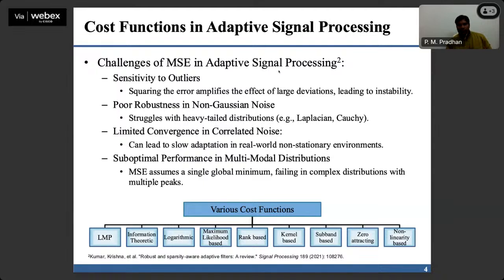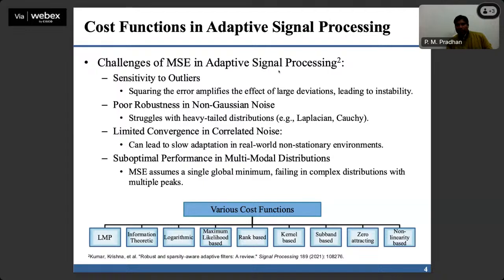The second challenge with mean square error is the poor robustness in non-Gaussian noise. When you look at the distributions, in most cases the assumption is that my noise is Gaussian in nature, or my input is uniformly distributed or Gaussian distributed. These are the typical two distributions that we use, and in general for noise we use Gaussian distribution.